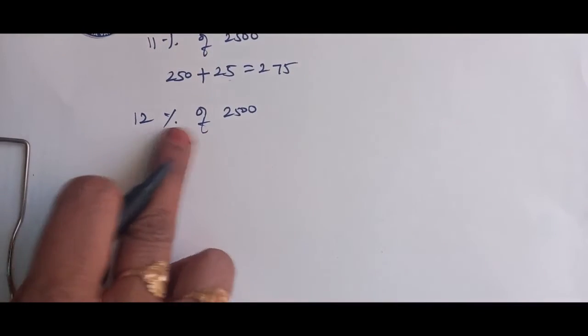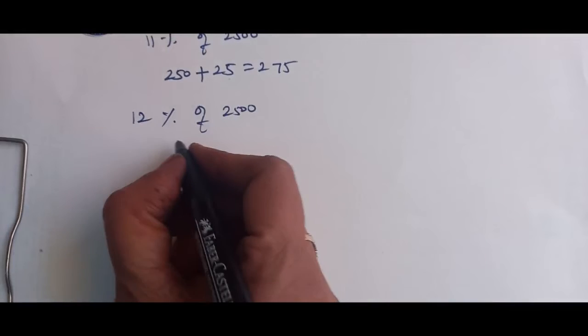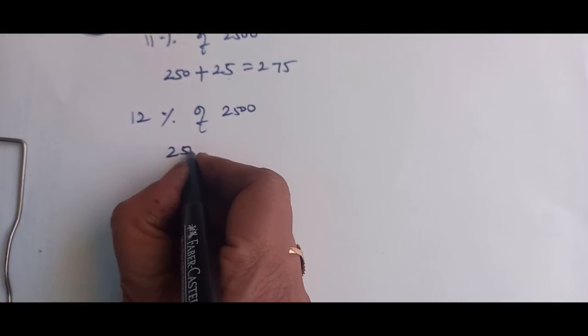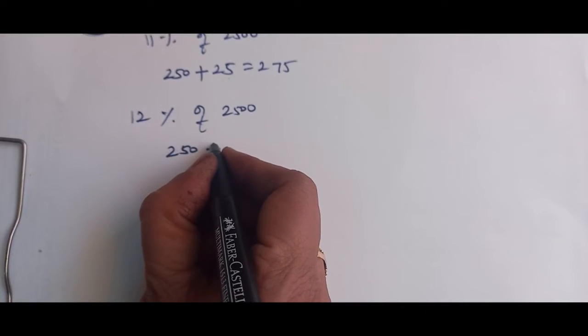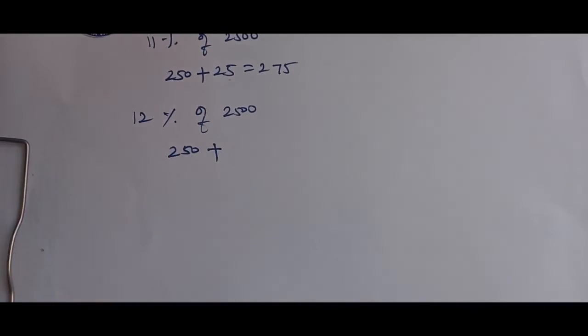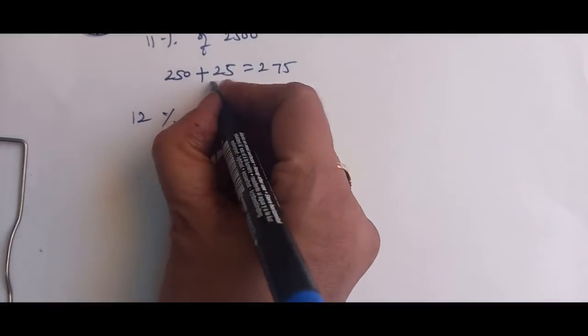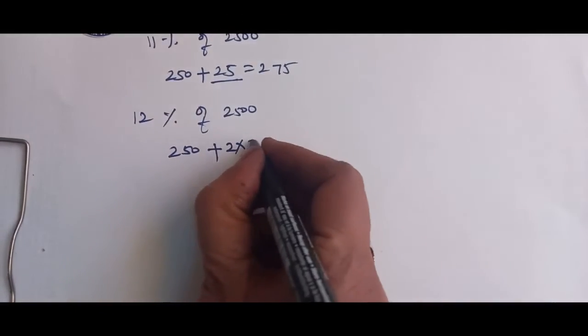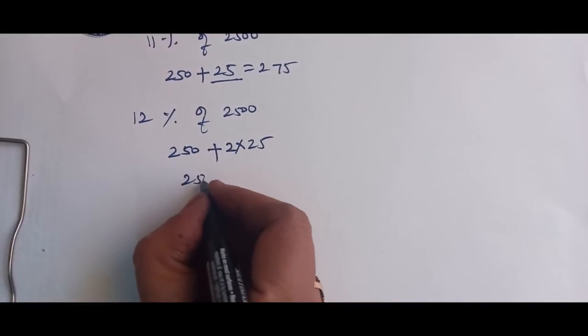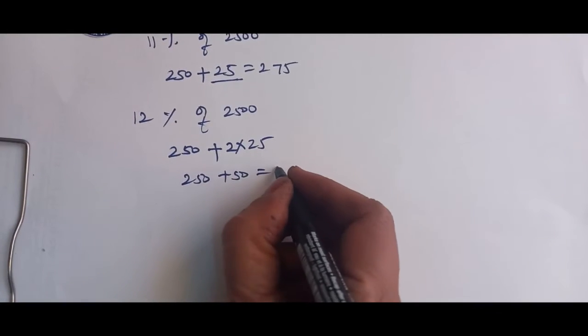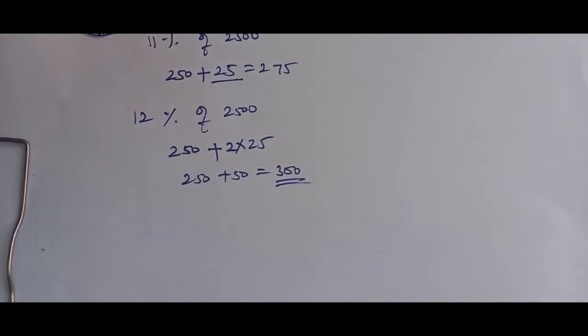So 10% of this amount plus 2%. 10% is 250 plus what is 2%? 2 into 1%, right? 2 into 1%. 250 plus 50. So 300. In this way, we can calculate 1% to 100% easily.